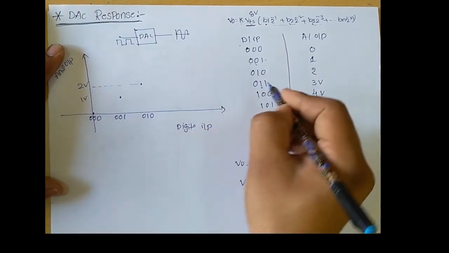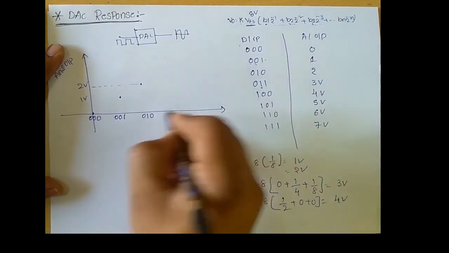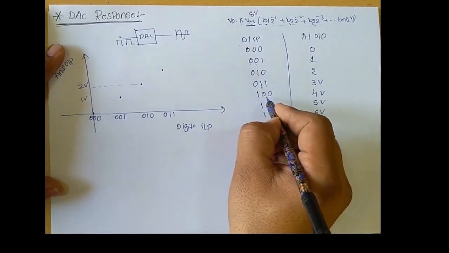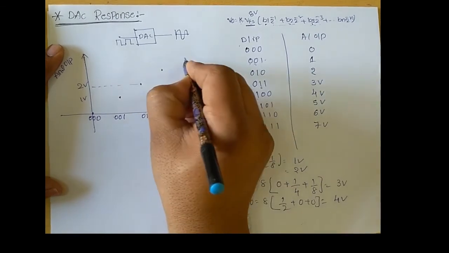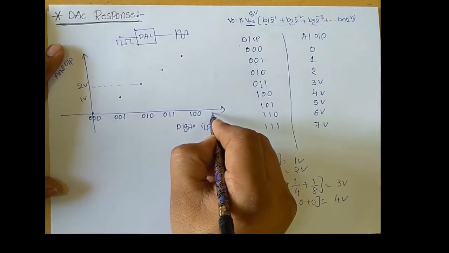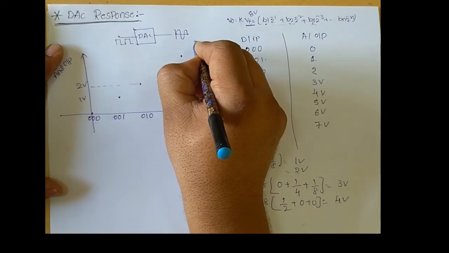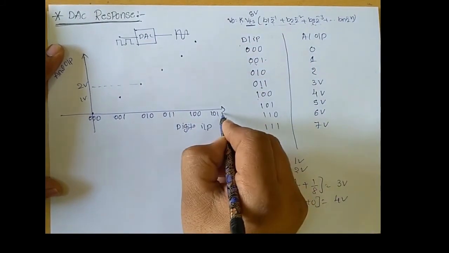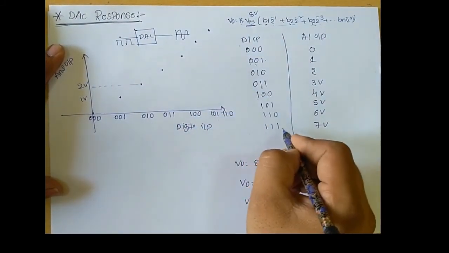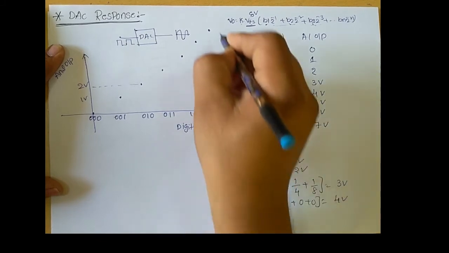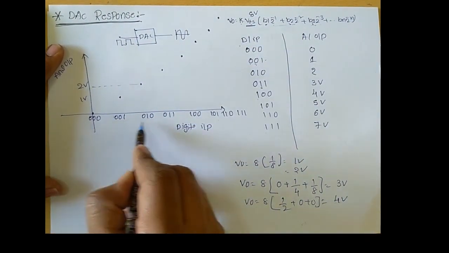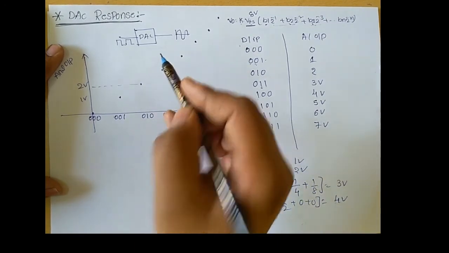We can give another digital input, 011, output is 3 volts, another digital input is 100, output is 4 volts, another input is 101, output is 5 volts, another combination is 110, output is 6 volts, and another input combination is 111, we get the output equal to 7 volts. So with respect to these given digital inputs, we get the analog signal as output.